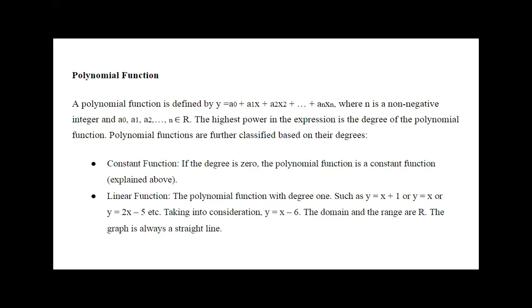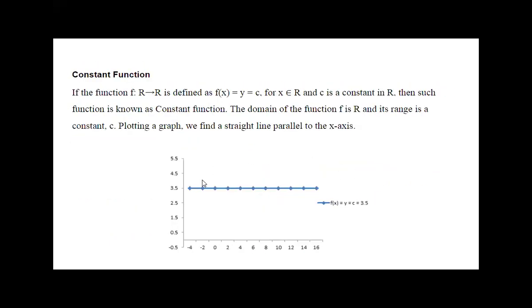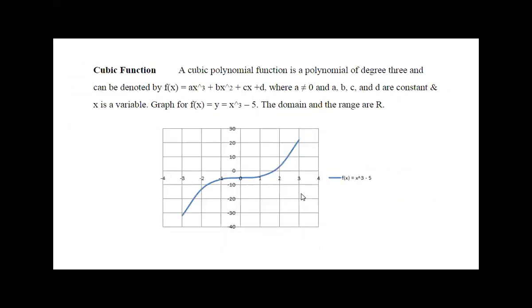And x is the variable. They are further classified based on their degrees. One is the constant function, as we have seen. For any value of x, the y value will be fixed. So this will be the graph.